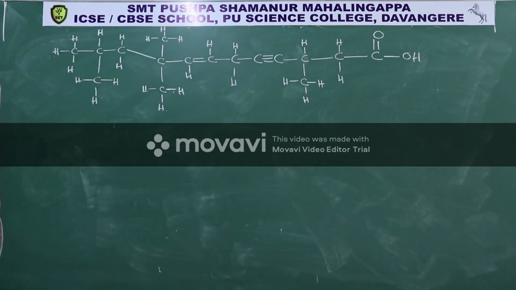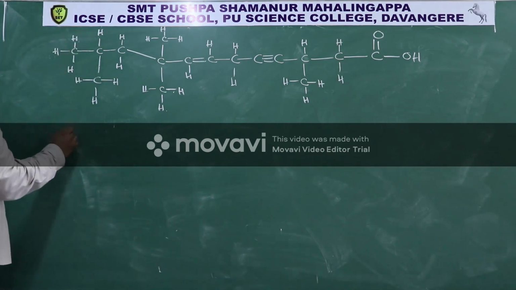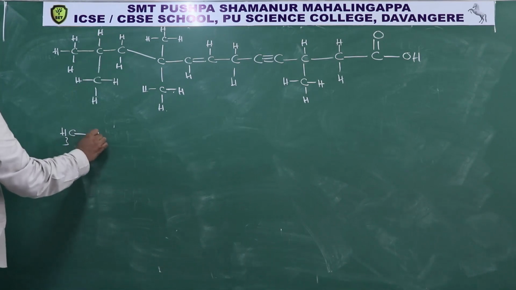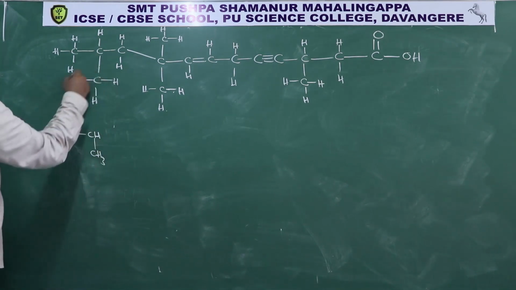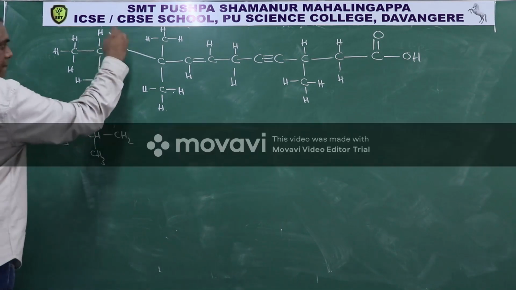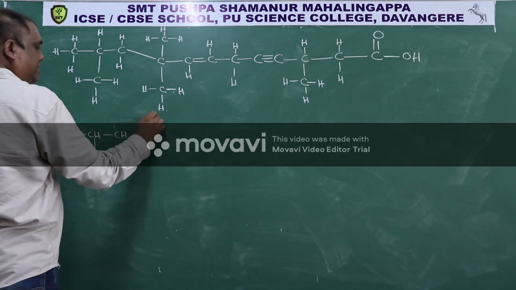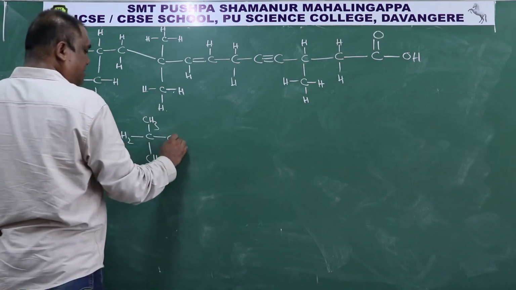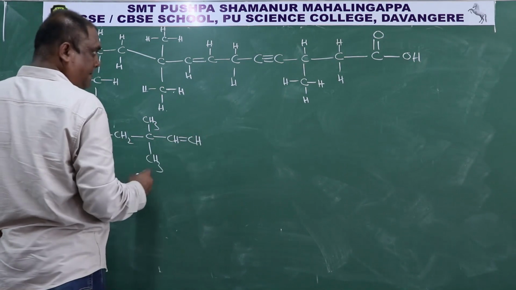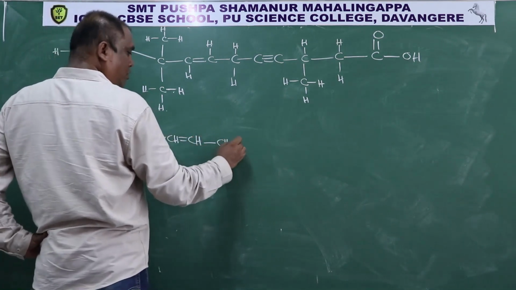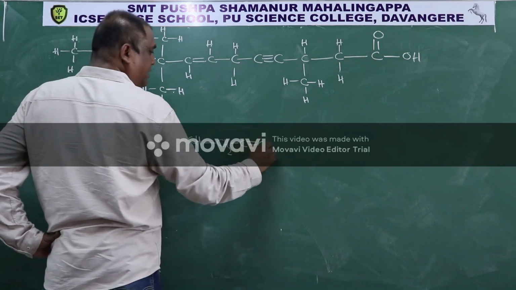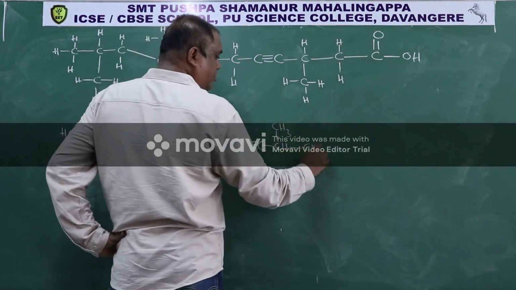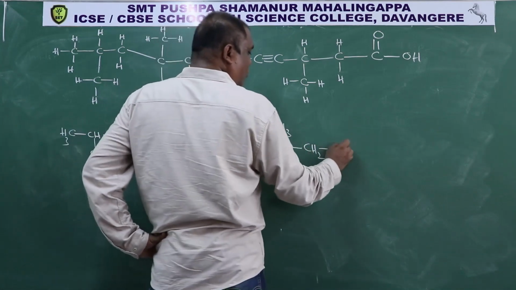This organic compound can be in short written as, this total is written as CH3, bond, this is written as CH bond CH3, this one, bond CH2, this one, then this is CH3, then again CH3, then CH double bond CH, CH2, triple bond C, then CH, then CH3, then CH2, then COOH.